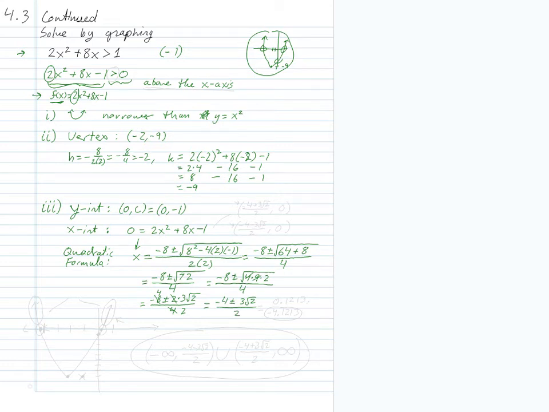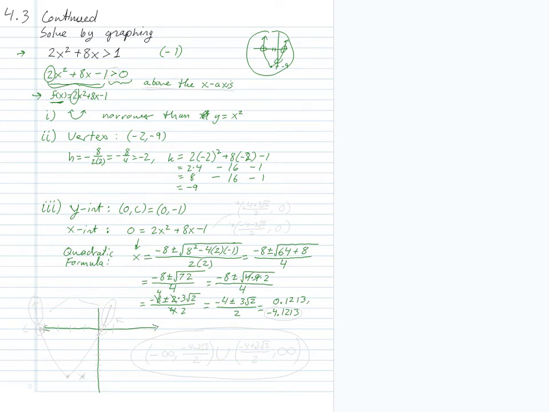So you may want to plug those into your calculator, which gives you two possibilities: 0.1213, and I'll round to 4 decimal places, although my answer goes on much further than that, and negative 4.1213. Now those are just approximations that are going to help me graph this parabola. My exact x values for the x-intercepts are going to be useful.